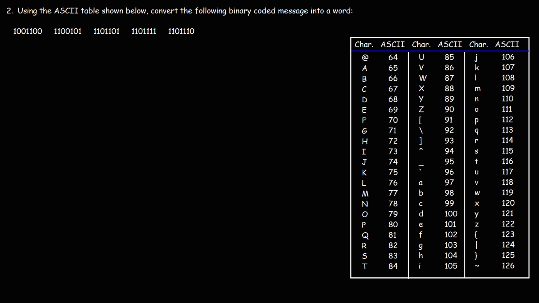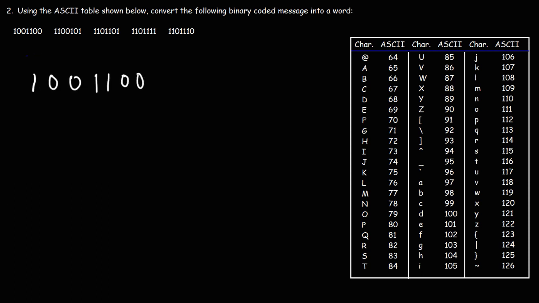Using the ASCII table shown below, convert the following binary coded message into a word. Feel free to pause the video and try this example problem. First, let's get the decimal equivalent of each binary code.